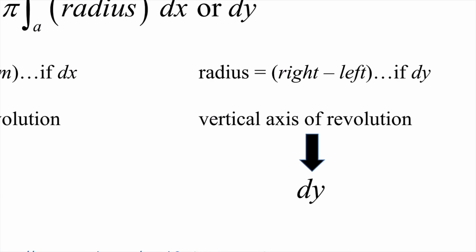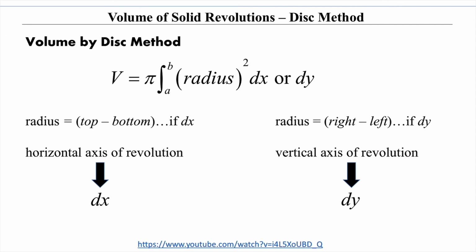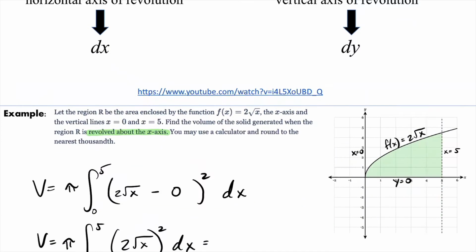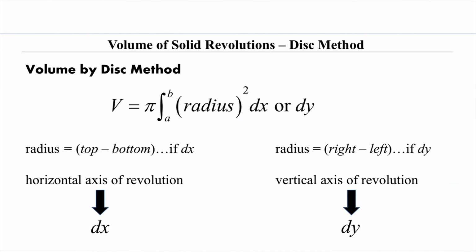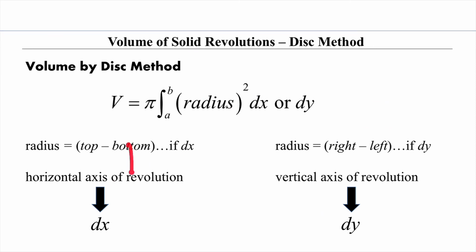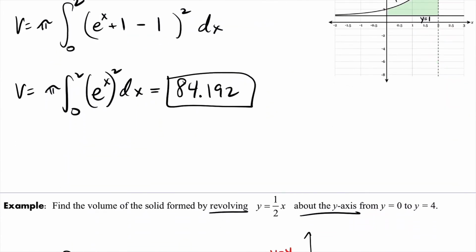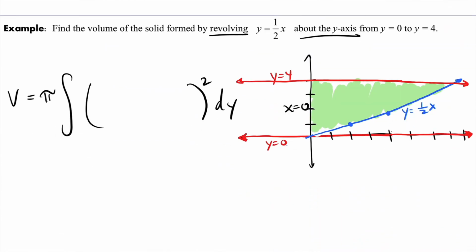When you're looking at bounds, this is a radius. I didn't put bounds here. I should have put bounds. Bounds here, when you're looking at dy, are going to be top to bottom. When you're looking here, it's going to be right to left. So put that in your notes because that's going to be very important to remember.